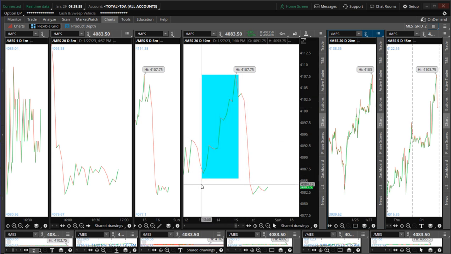Now, when the fractal appears here, again you could find this fractal in the library. We have a bottom here at 4086, and we have a top here at 4107. Now, the 7-up fractal will indicate a turn here.